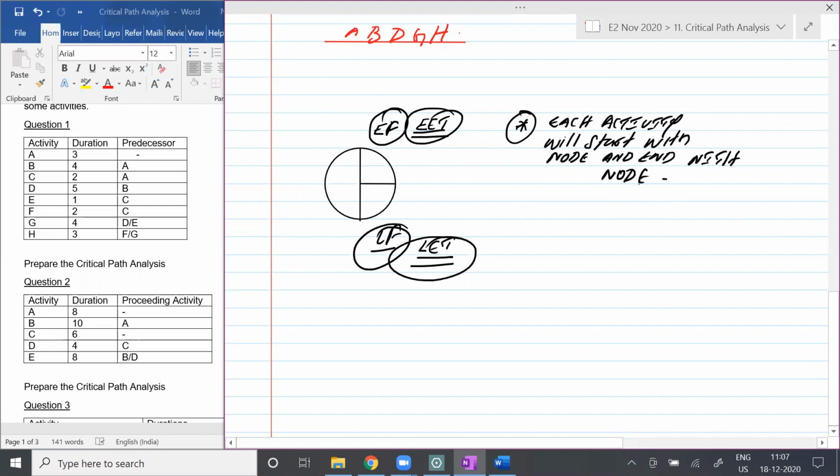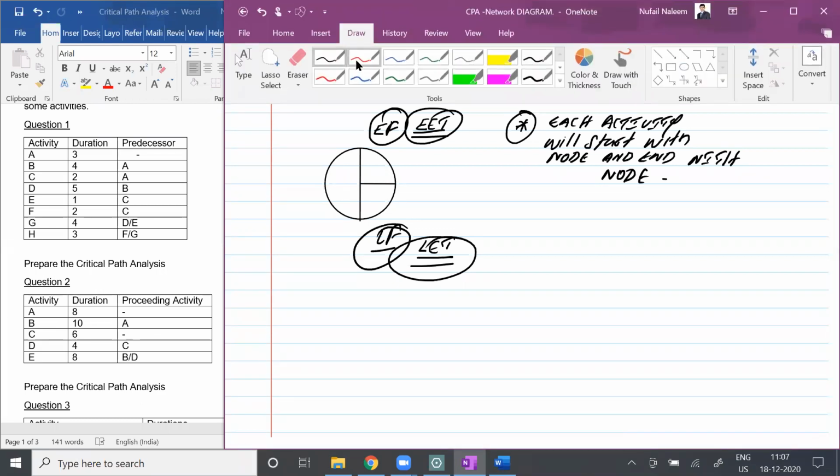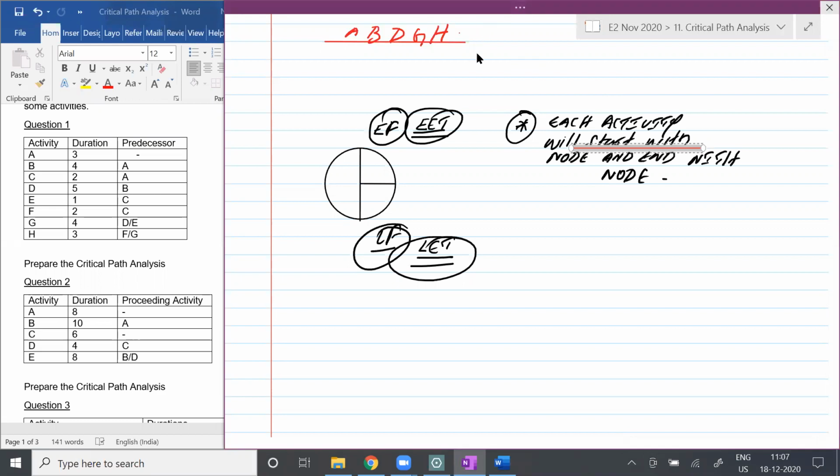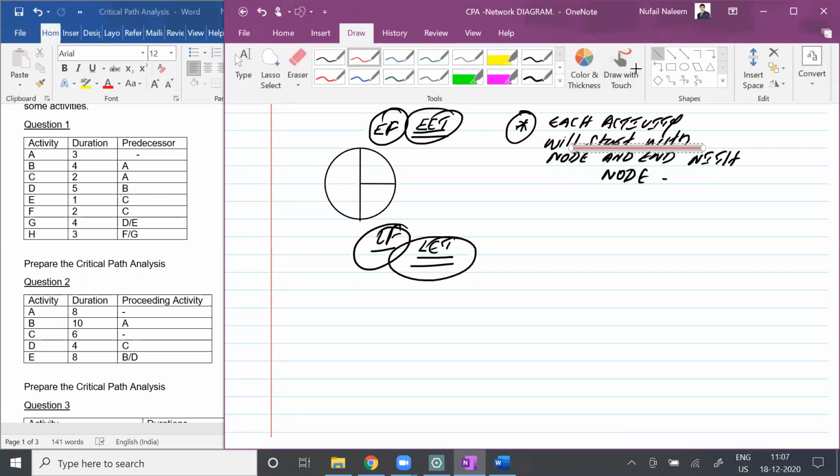Are you clear what I'm saying there, students? Start with a node and end also with a node. So if you don't mind, students, can you take that golden note there? Start with a node and end with a node.